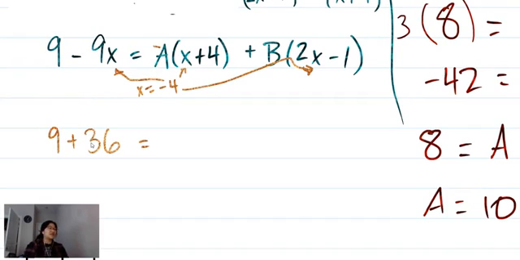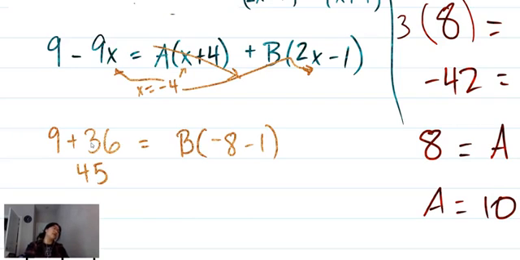And that forces all that term to go away. So then we get B times negative 8 minus 1. So then we get, what, 45 equals negative 9B, therefore B is negative 5.